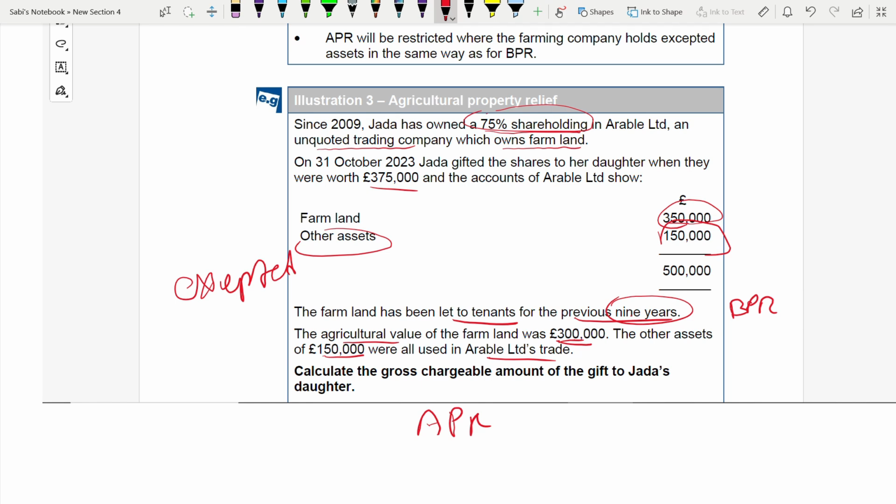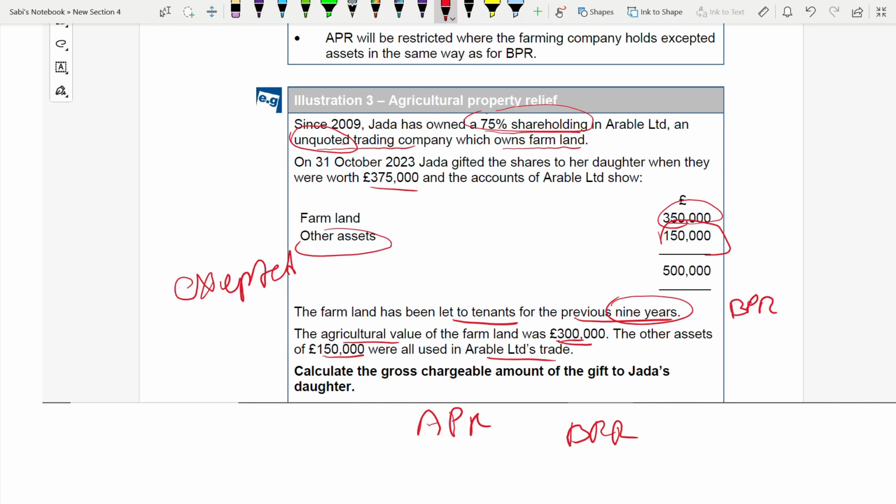And in addition, the shareholding is in an unquoted company. Very important, unquoted company. Because it is an unquoted trading company, BPR will also be available, wherever we are not giving APR, provided BPR conditions are met.